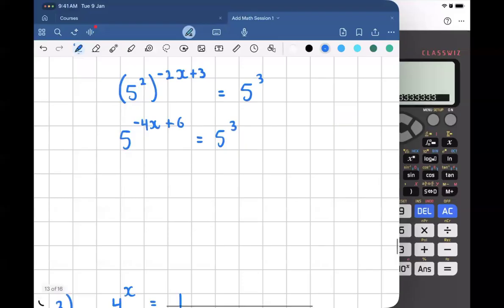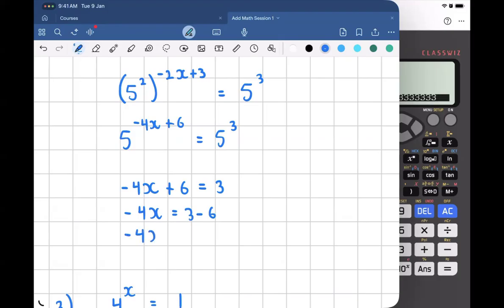We have the same base, so you drop the bases and you equate the powers. So we're going to say minus 4x plus 6 equal to 3. Now, the plus 6 does not belong there. We want to isolate the x term, so I'm going to move that across. I will end up with 3 minus 6, so 3 minus 6 is minus 3.